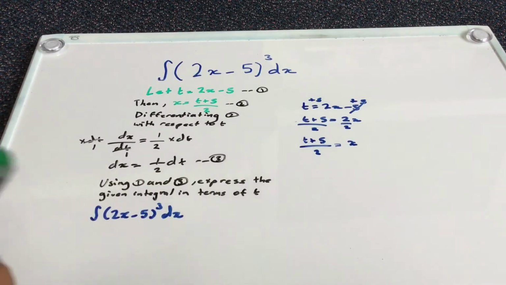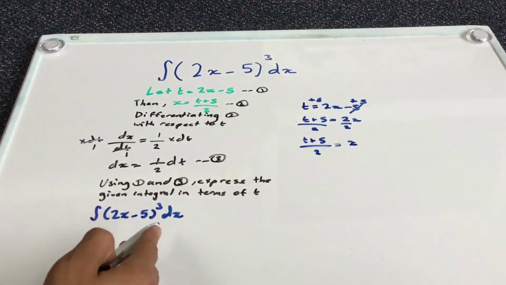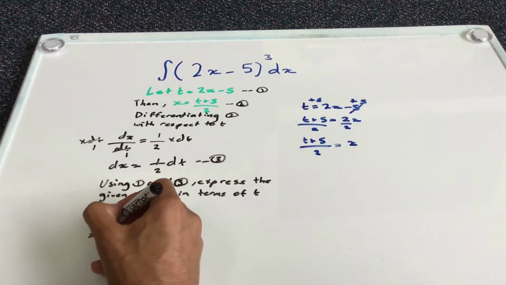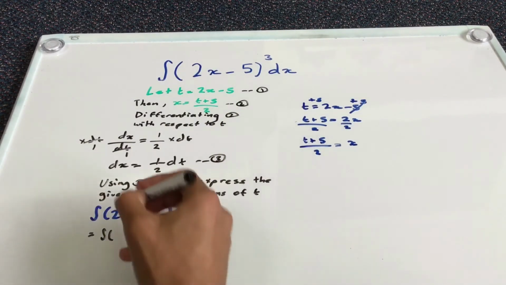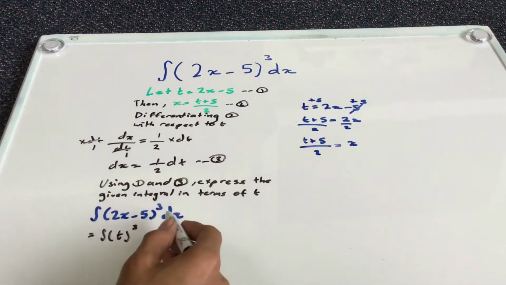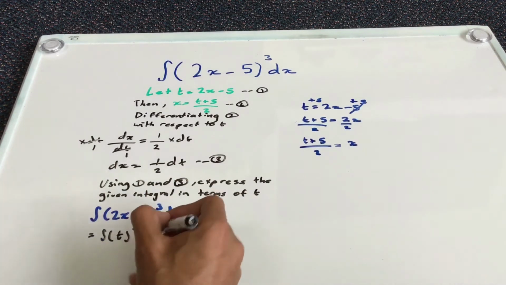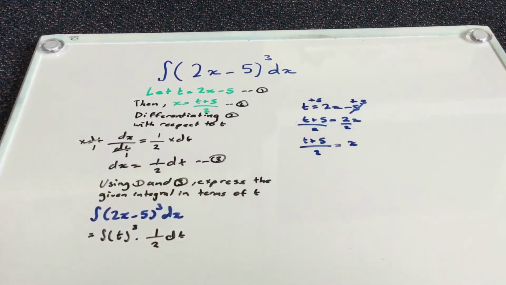We're going to substitute our values back into our equation. We already know that 2x minus 5 is t, so we replace 2x minus 5 with t to the power of 3, and dx is replaced with half dt, so times half dt.